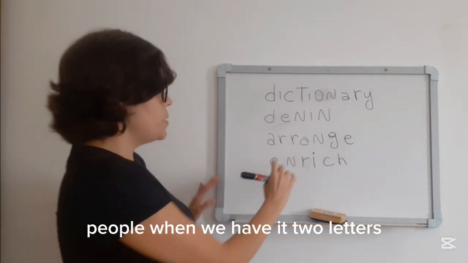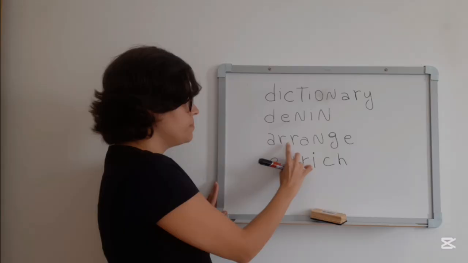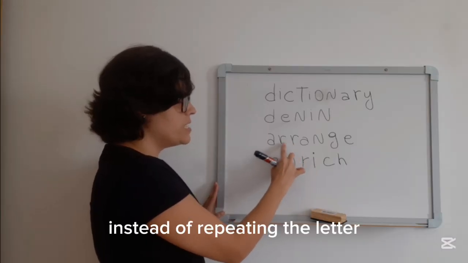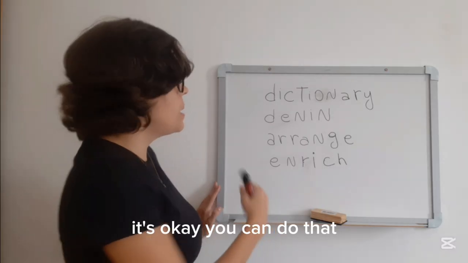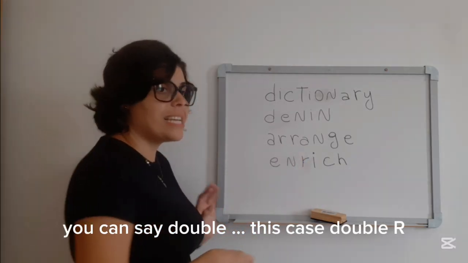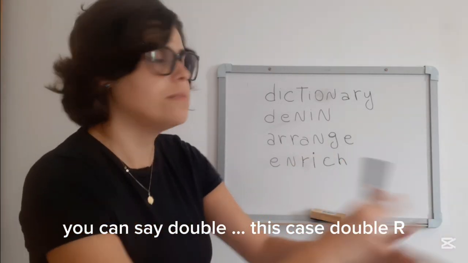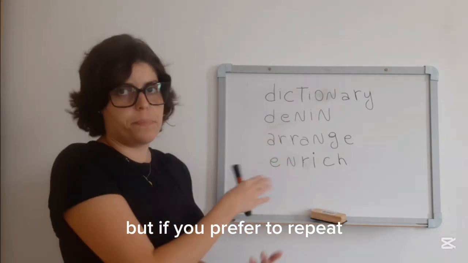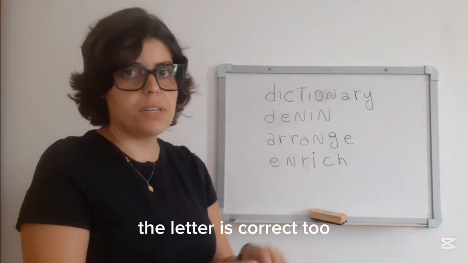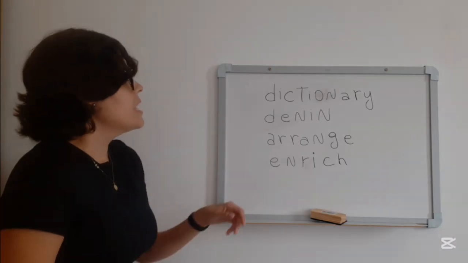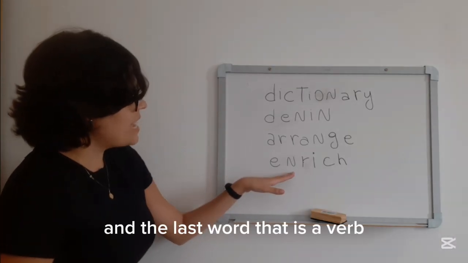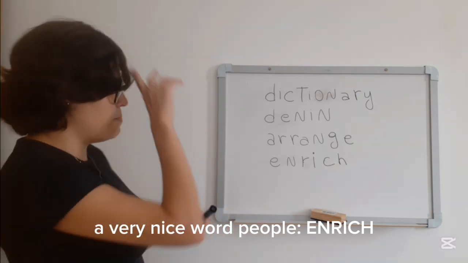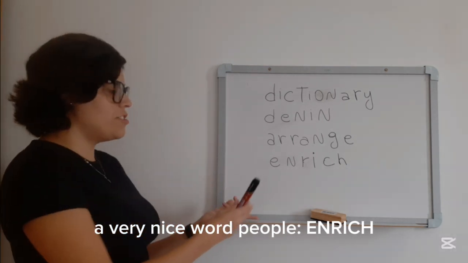People, when we have two letters together, instead of repeating the letter, it's okay, you can do that, but you have a second option. You can say double R, in this case. But if you prefer to repeat the letter, it's correct too. And the last word, that is a verb, a very nice word, people. Enrich.